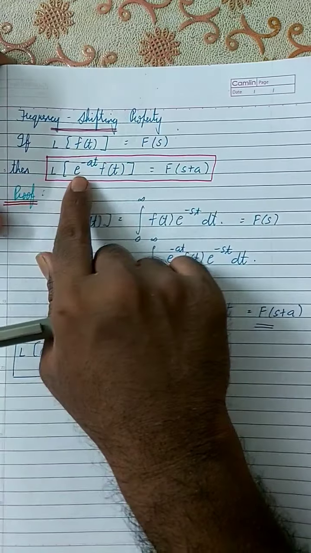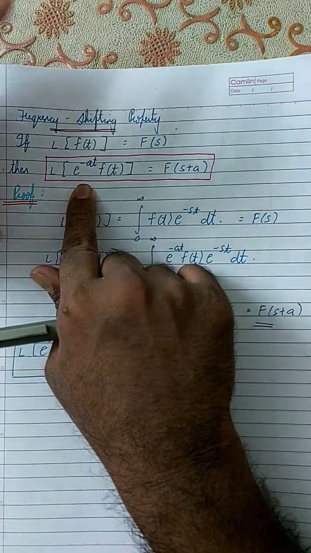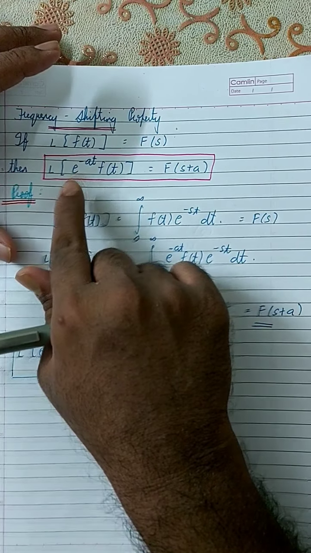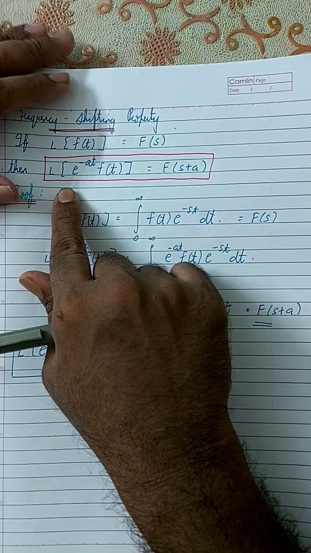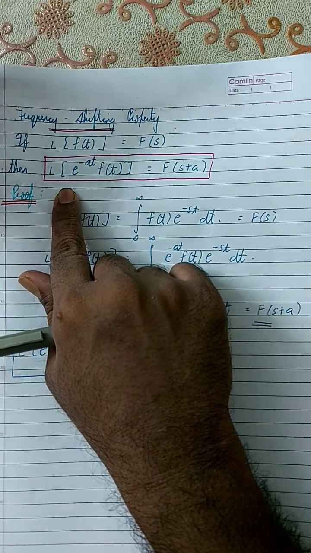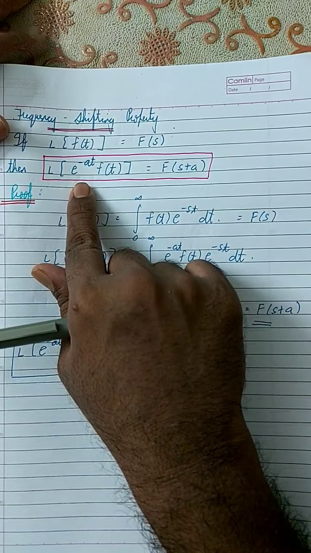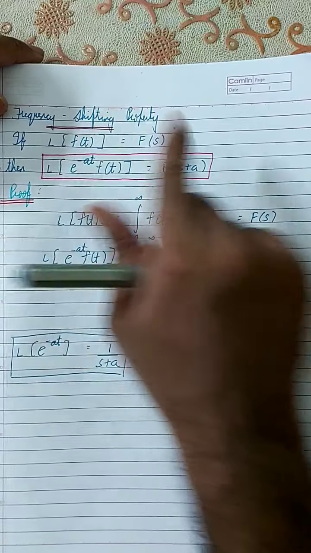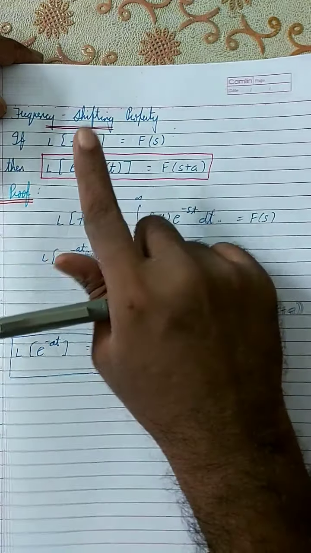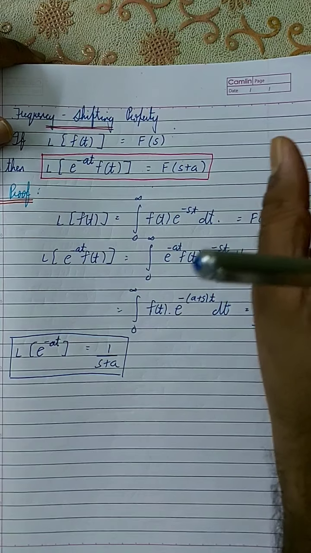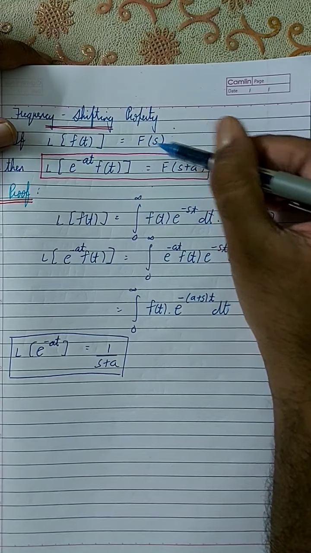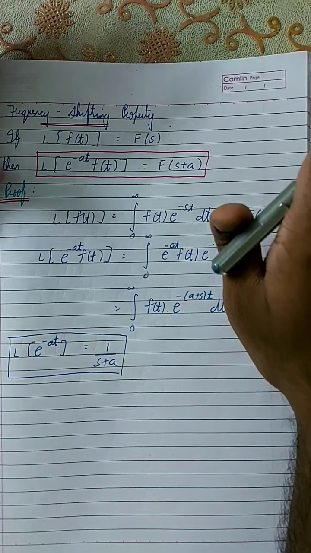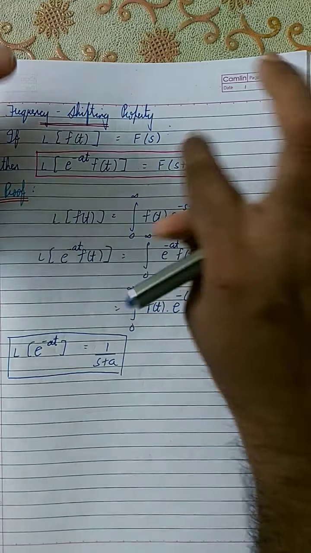So wherever you see e raised to minus at, e raised to 5t, e raised to minus 3t or e raised to plus 4t, anywhere you see an exponential function multiplied with the original signal, remember that you should apply the frequency shifting property. And how you apply it is very simple: simply replace s with s plus a. In the entire equation, wherever you saw s, replace that s with s plus a.